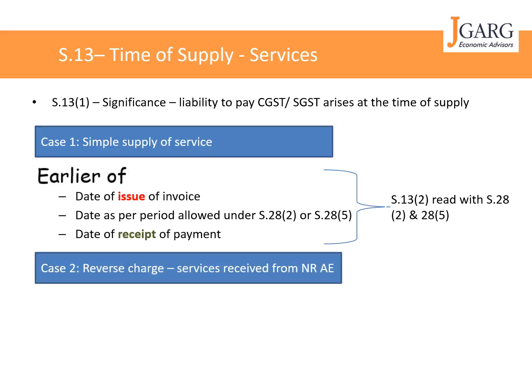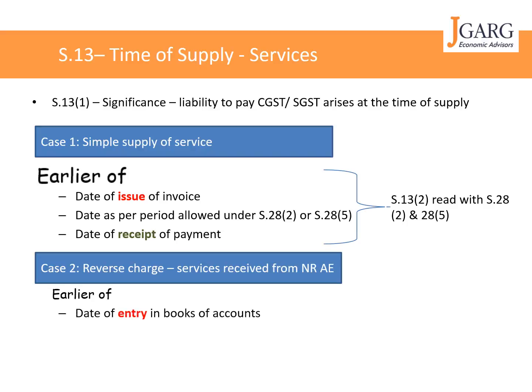Case 2 could be reverse charge services received from non-resident associated enterprises. It means one needs to pay taxes on a reverse charge basis, and this case specifically pertains to when the Indian entity is receiving services from non-resident associated enterprises. The definition of associated enterprises needs to be seen from the Income Tax Act, which is given in section 92A.